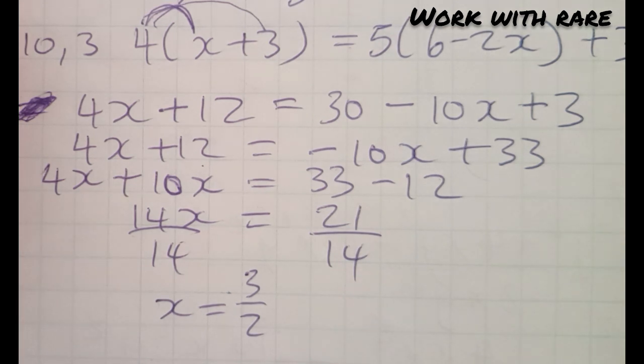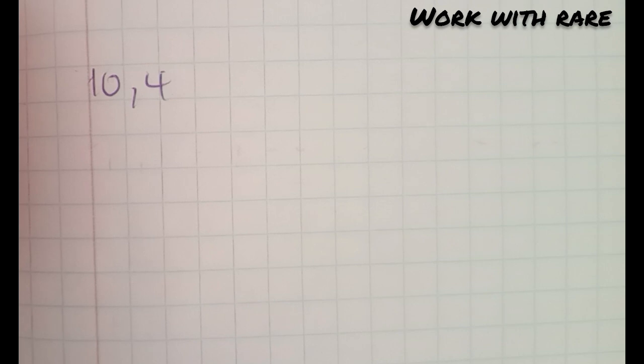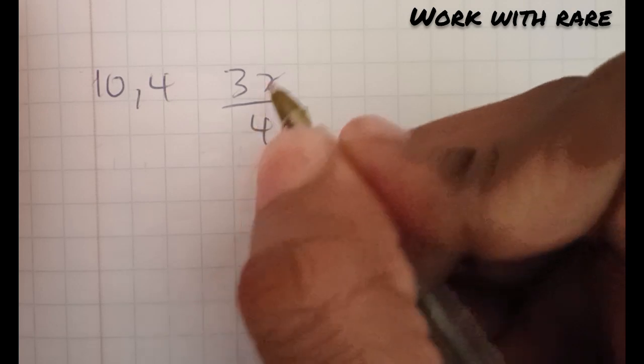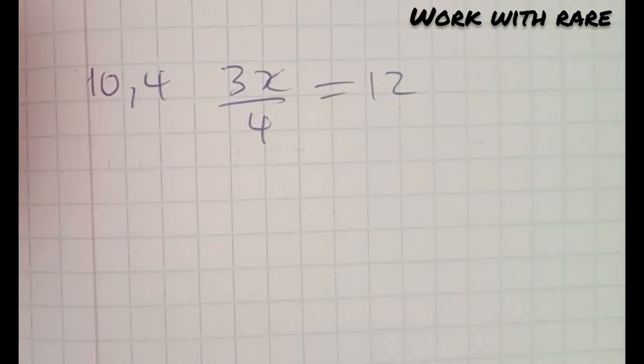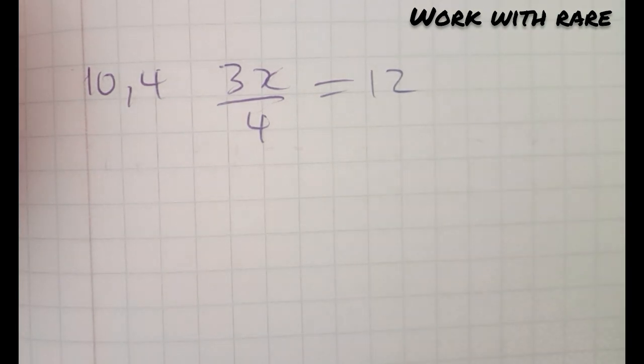Okay, so let's do 10.4. On 10.4 we are given a fraction which is 3x over 4 is equals to 12. Okay, so when you get this question and it's a fraction, you can multiply both sides by 4 to remove that denominator.